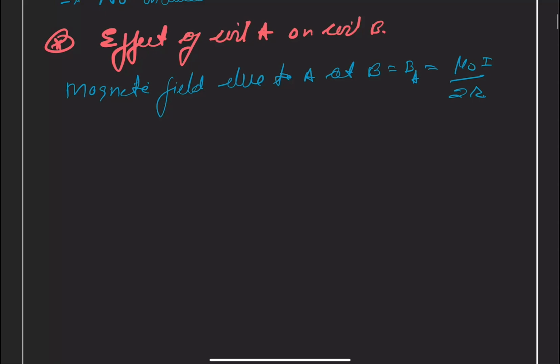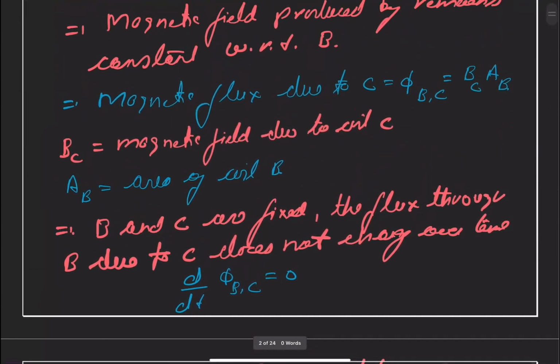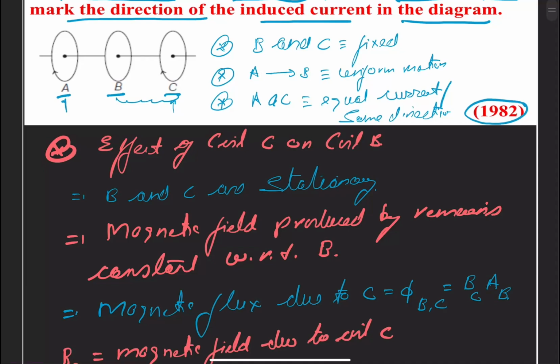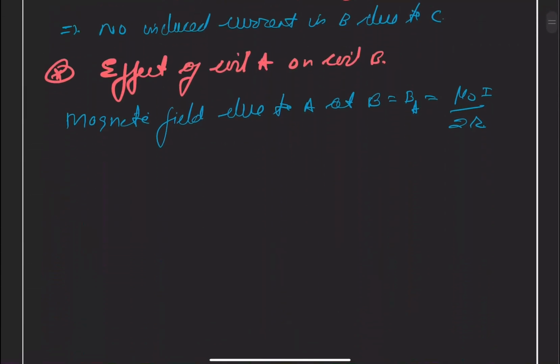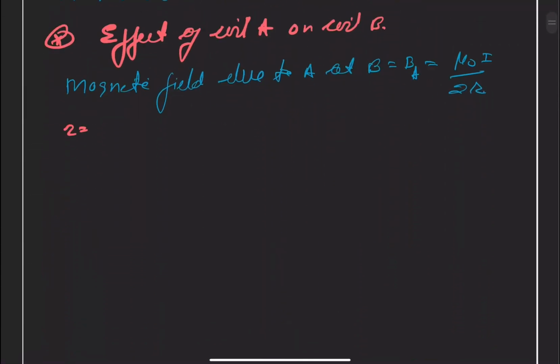And for the sake of simplicity, we assume that the distance between these two coils is given as R. So here R is the distance between A and B.